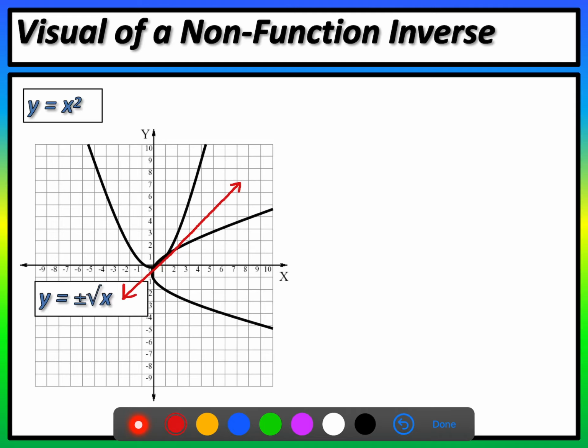This is now not a function. If we think about the vertical and horizontal line test, if you do the horizontal line test on your original function, you see it is hitting twice. That means that the y value of 9 has repeated. So when it becomes an inverse, you now have the x value of 9 being repeated, and it's producing two different y values.